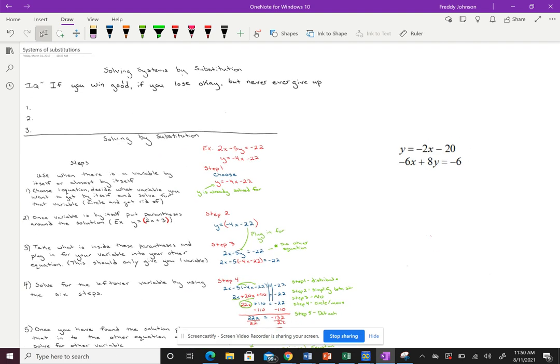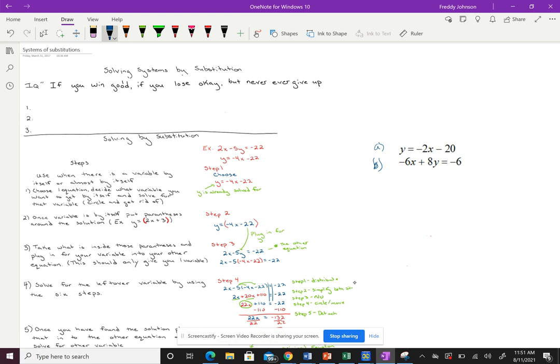The first thing we want to do is look. Most of the time I label the equations A and B. You don't have to; I'm just doing it to make explaining easier. Looking at equation A, the whole point is trying to get a variable by itself.